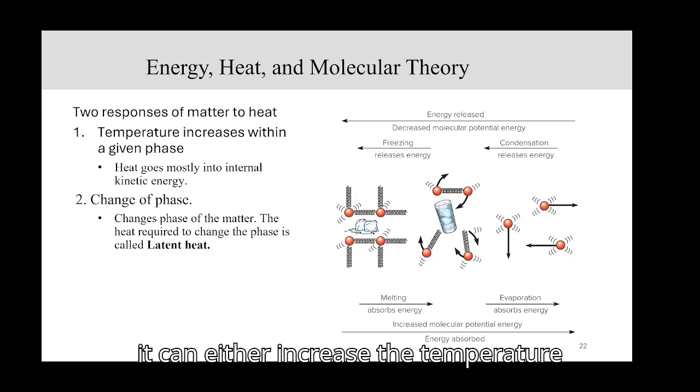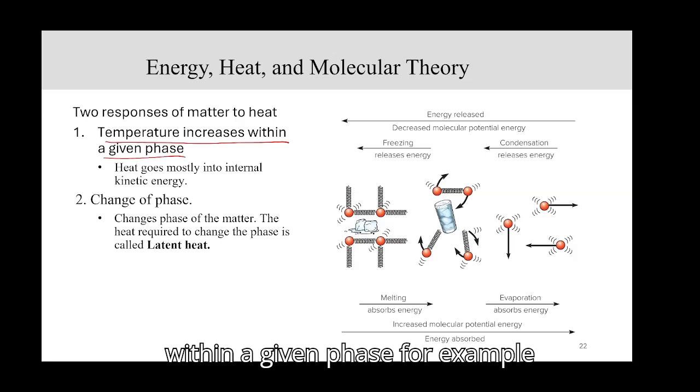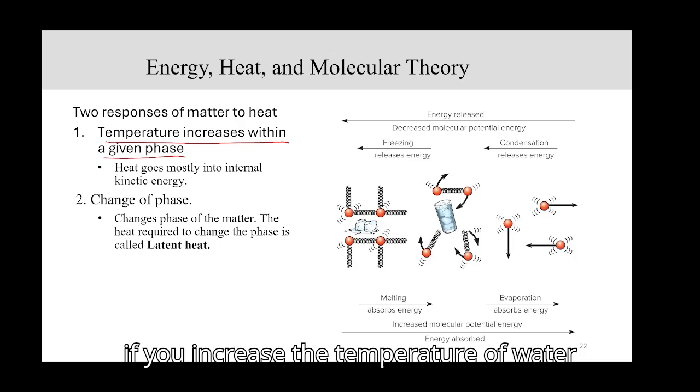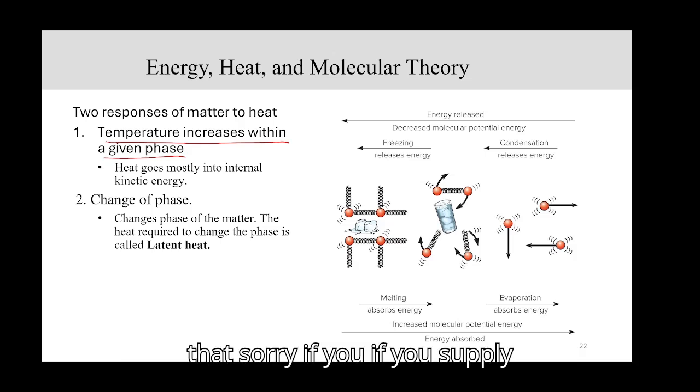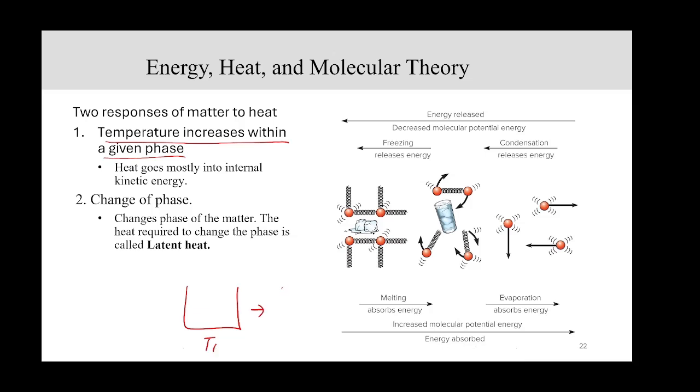It can either increase the temperature within a given phase. For example, if you supply some energy to water, at a certain temperature, it can increase the temperature and remain at the same phase.